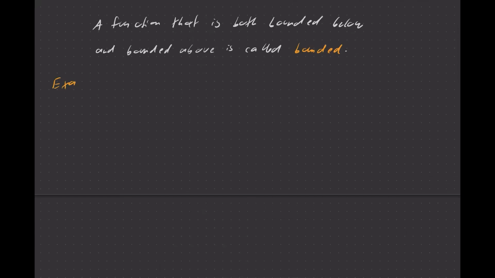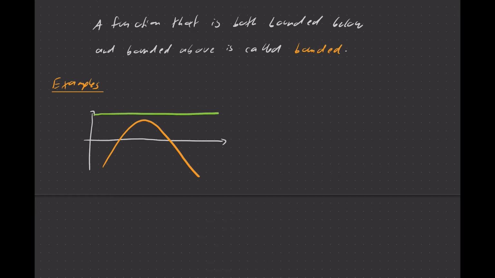Some quick examples here. We're just going to show you some graphs for these. So for example, let's say we have a function that looks like this here. We can see this function is obviously bounded above. This is one possible b overline, so this is bounded above. It's not bounded below because it extends in this direction indefinitely.